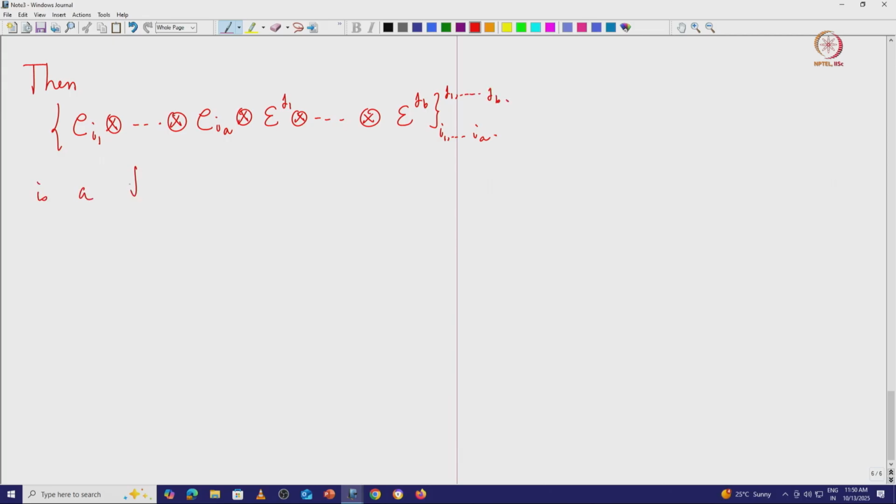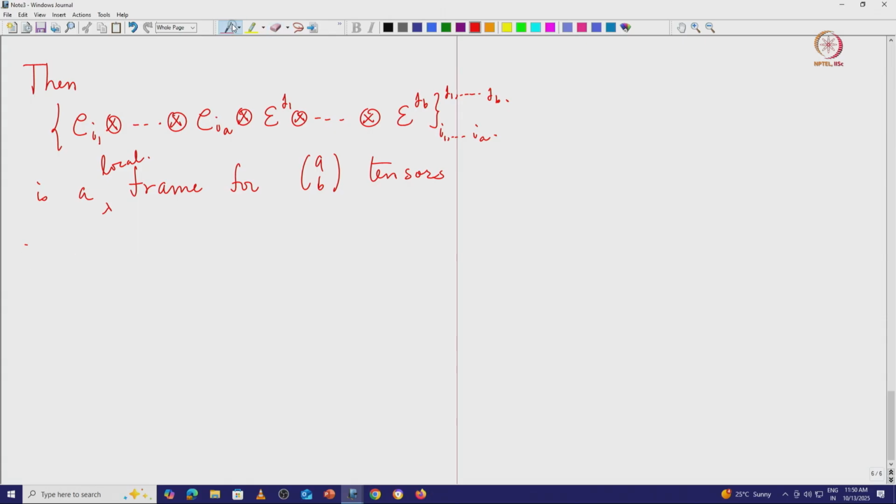Then this is a frame for the tensor products. So this is a local frame for AB tensors. What does that mean? So this means the following two things.